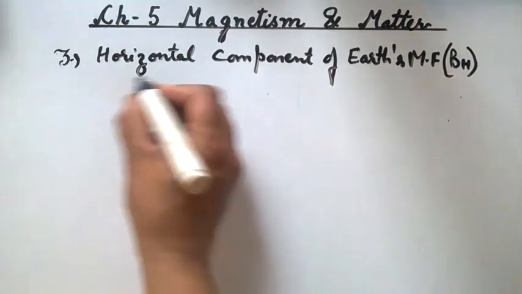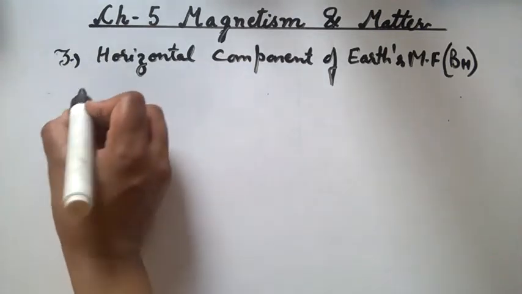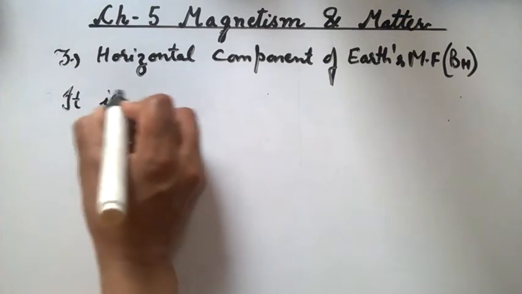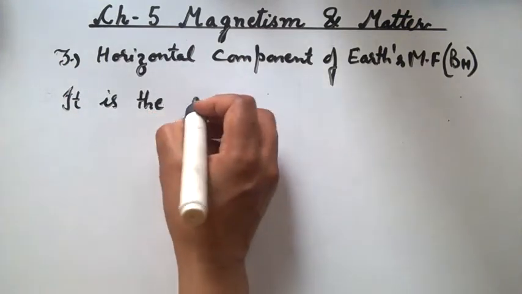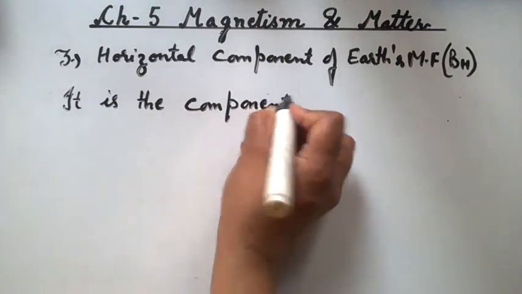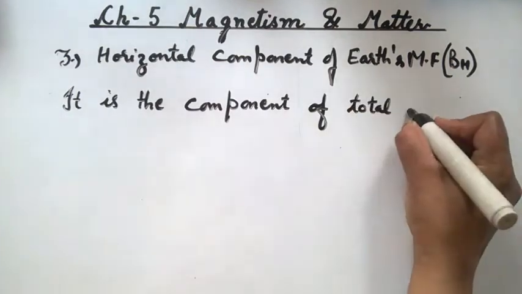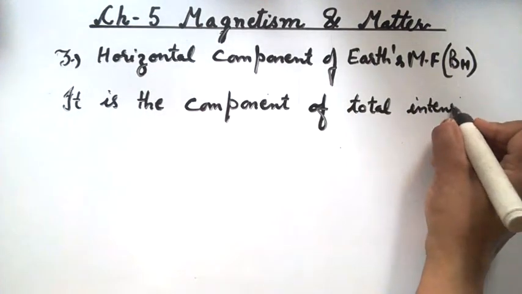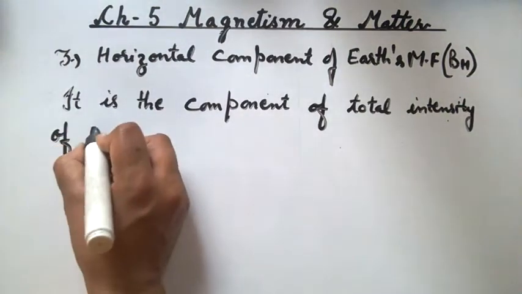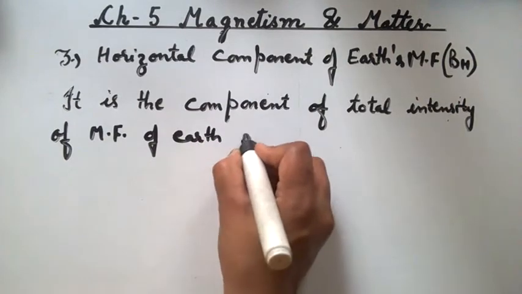It is the horizontal component of total intensity of magnetic field of Earth in horizontal direction.